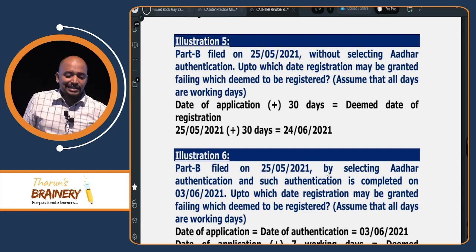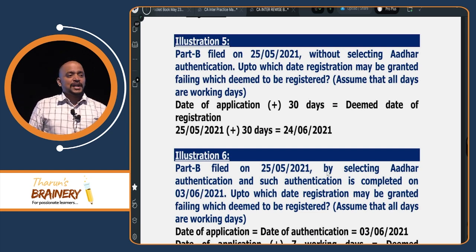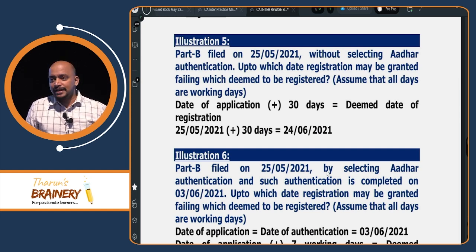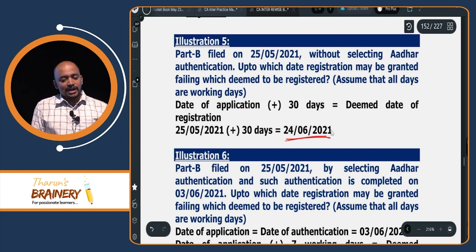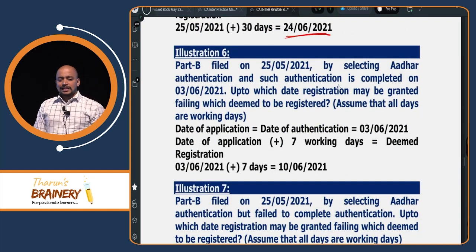So count the 30 days and tell me. 25/5, so in May 6 days, and in June 24 days. So 24 June will be taken as the 30th day. So therefore by 24 June, if they are not giving registration, then it is deemed registration. Correct?